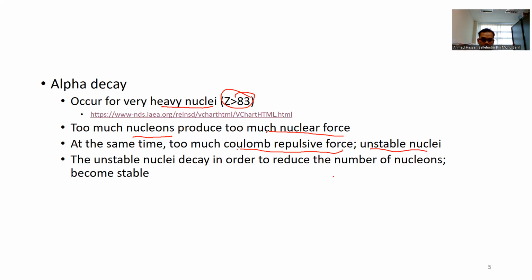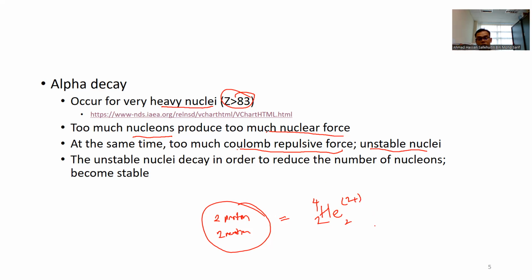By reducing two protons and two neutrons, it gains more stability. The instability becomes less and less by emitting these nucleons, exactly in the form of a helium-4 nucleus.